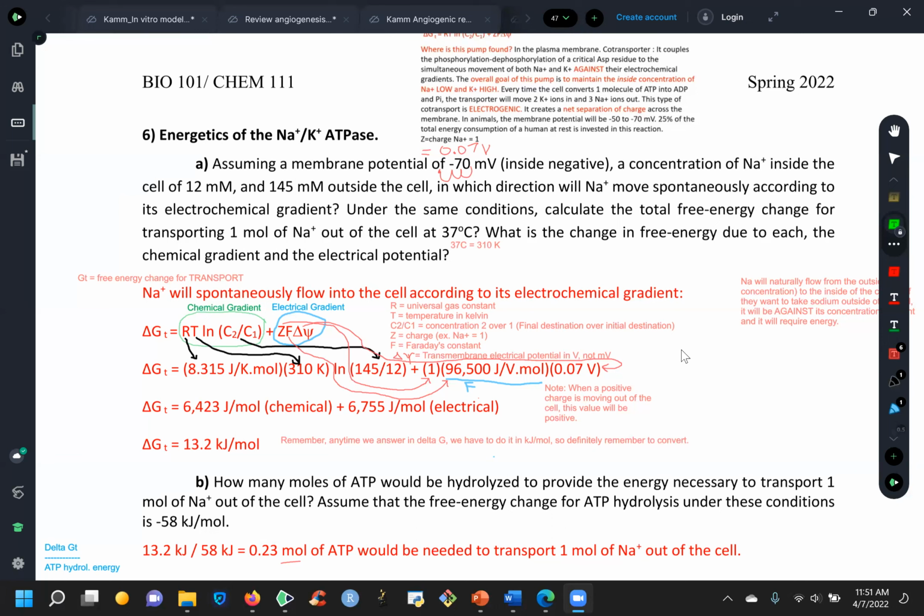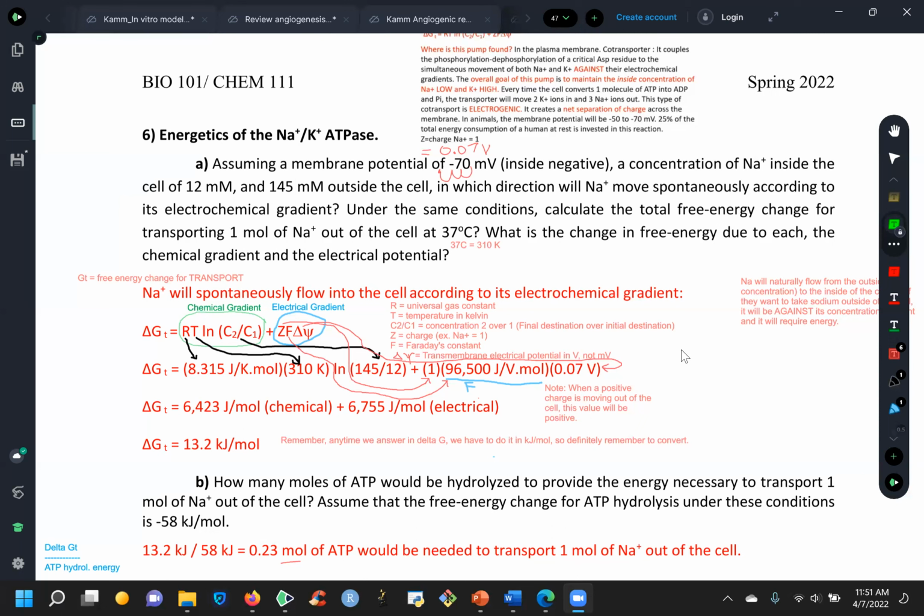So pay attention to what they're asking you, because if you know how to do all of this, you don't want to lose points for no reason. You have to have memorized what each of these are, and then you will be able to answer any question that they ask you.